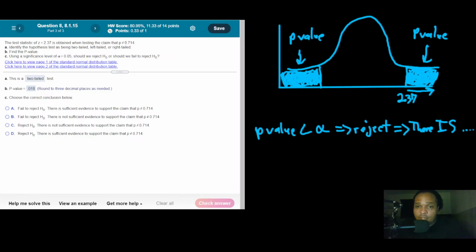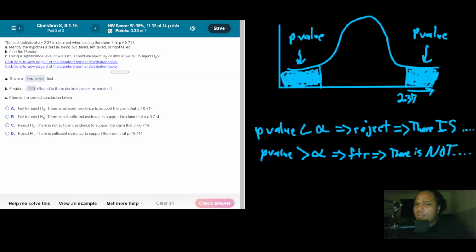Whenever your p-value is greater than your sig level, this is the alpha, that's what a significance level stands for, you're going to fail to reject. So FTR, fail to reject. And there is not enough evidence to support the claim.